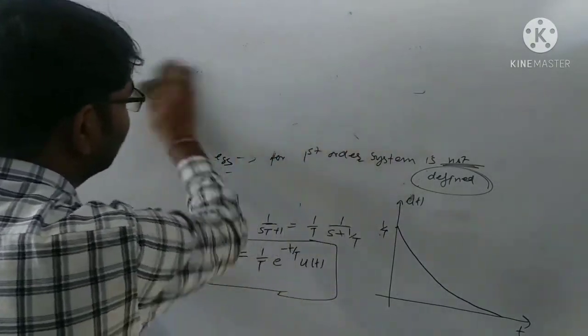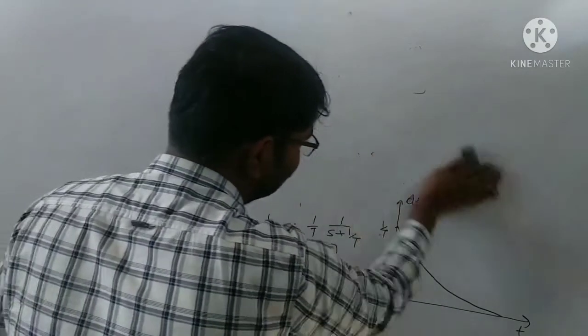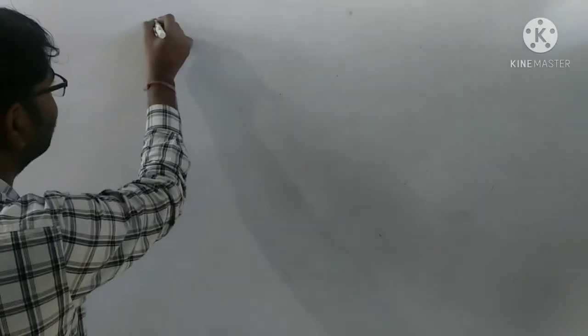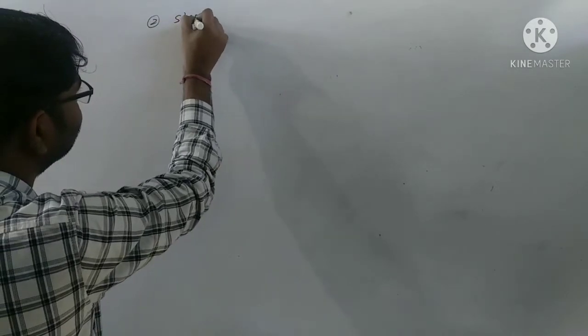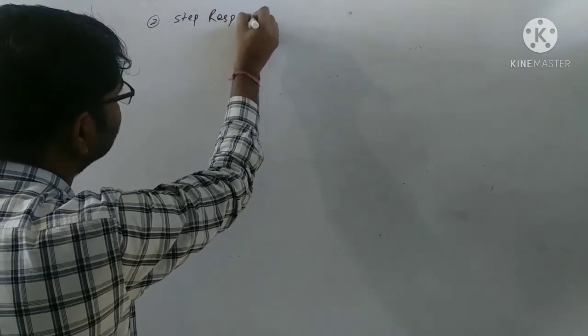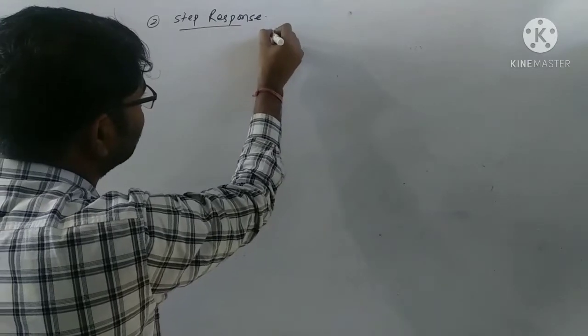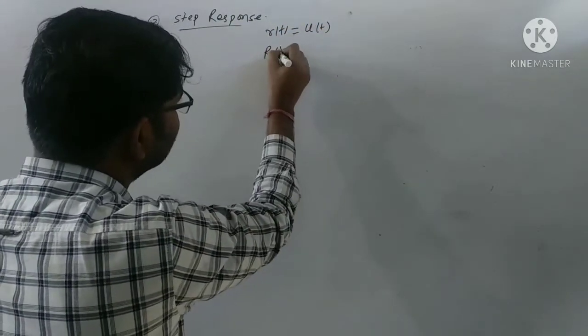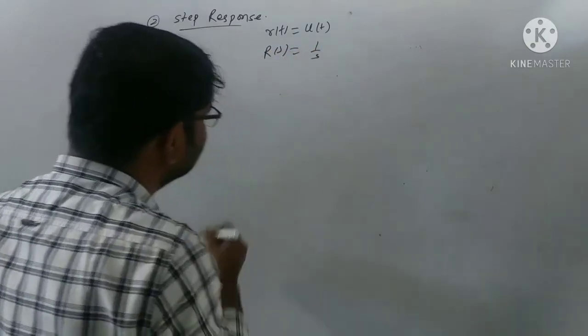Okay, we are going to consider the second one, the step response for the first order system. For the step response, R(t) is u(t), so R(s) is simply 1 by s.